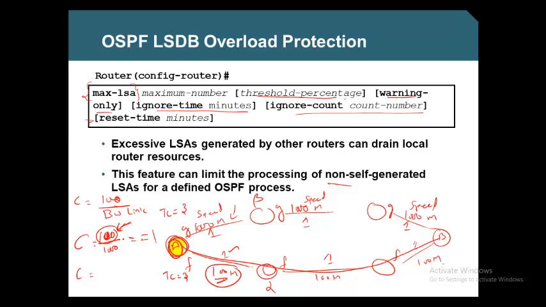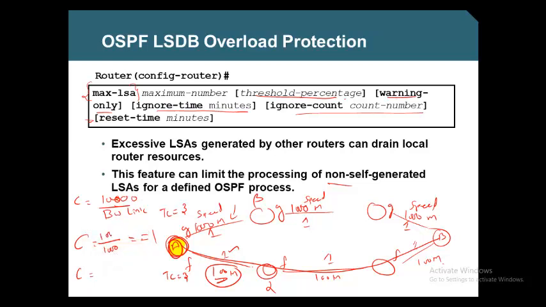So if you really want to differentiate this bandwidth and give proper auto cost, what you have to do is change this numerator value. If I change the numerator value to 10,000, the bandwidth is 1,000 here, the cost is going to be 10, 10, 10, 10.